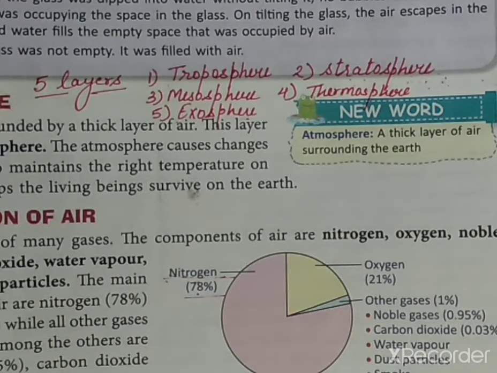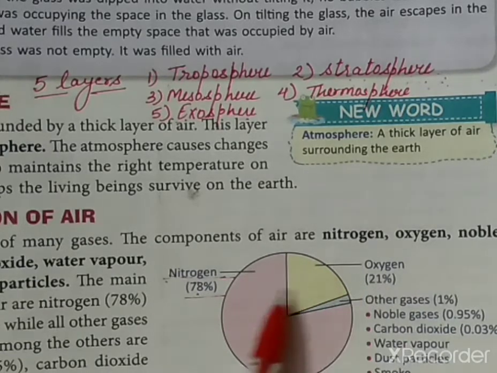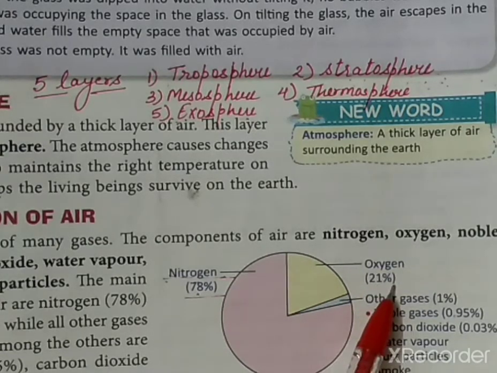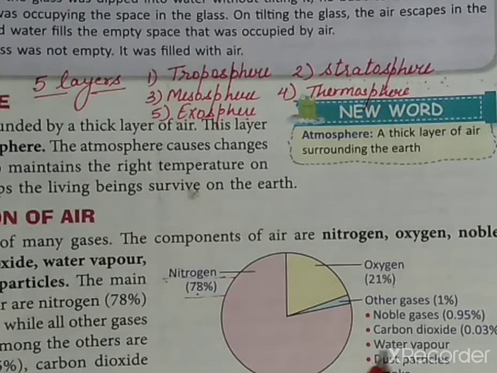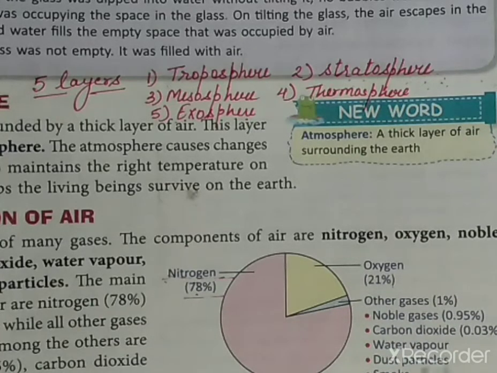The next one is oxygen. The percentage of oxygen present in air is 21%. The rest are other gases like noble gases, carbon dioxide, water vapor, dust particles and smoke.